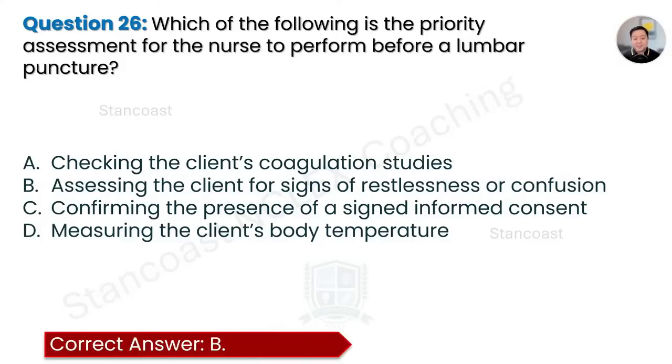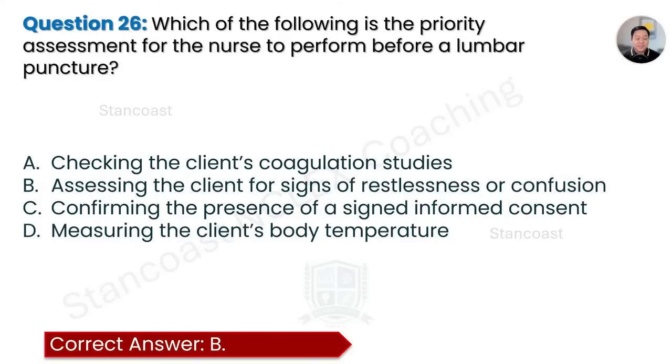B is correct because restlessness or confusion could indicate increasing intracranial pressure, which is a critical contraindication for this procedure. And I want you to take note that performing a lumbar puncture in the presence of an elevation of the ICP can also increase the risk of brain herniation, which is a life-threatening complication.